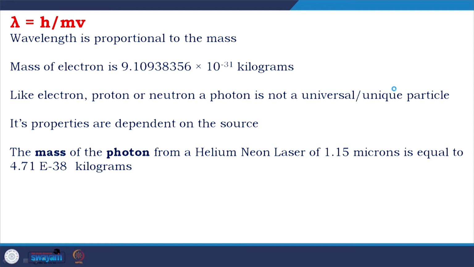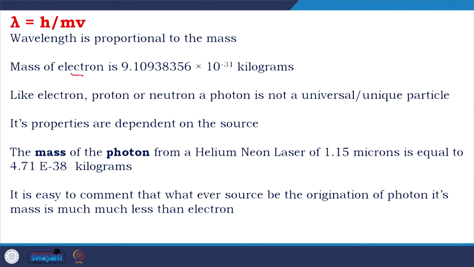This is much lower than the mass of the electron. You could say basically photon has nearly 0 mass. It is easy to comment that whatever source be the origination of the photon, its mass is much less than the electron.